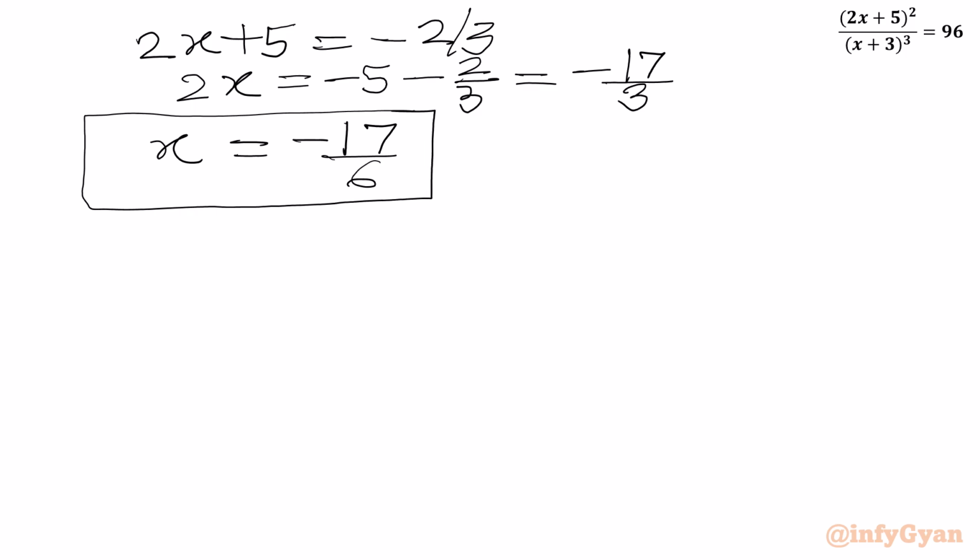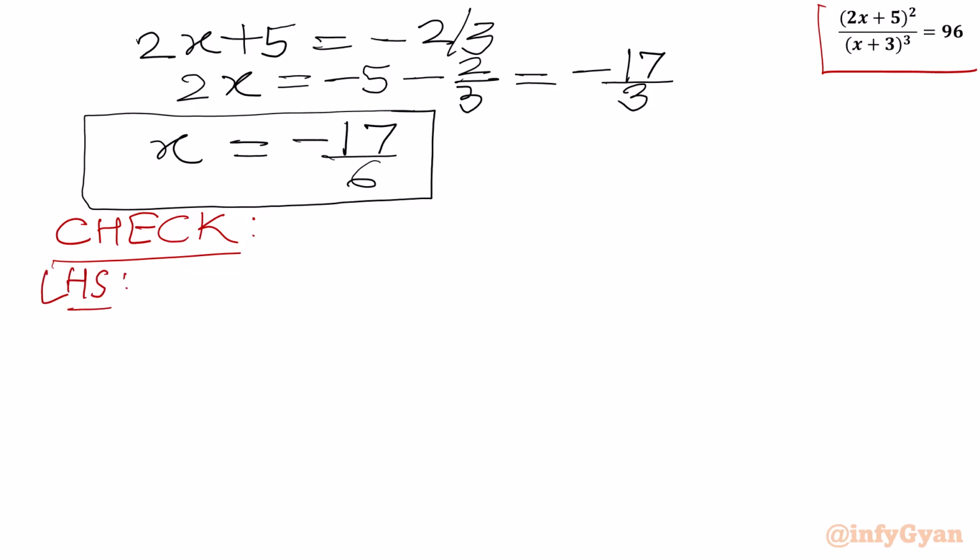Now we will cross-examine whether it is satisfying our equation or not. So I will write here check. Equation is written here. Let's begin with LHS. So let me write (2x plus 5) whole square over (x plus 3) whole cube.